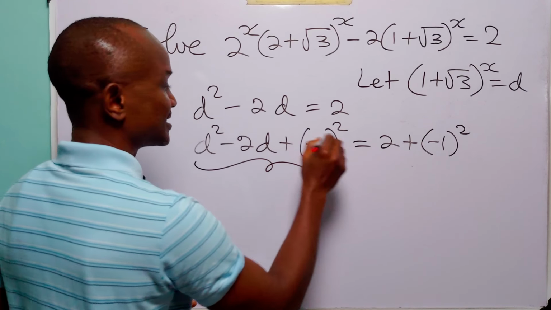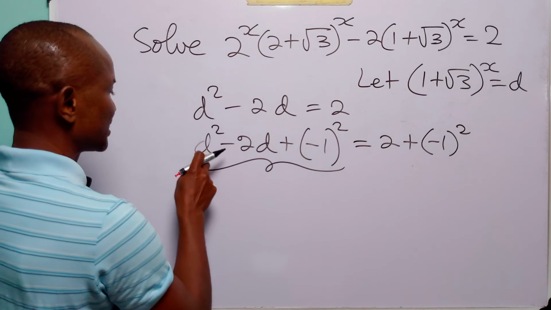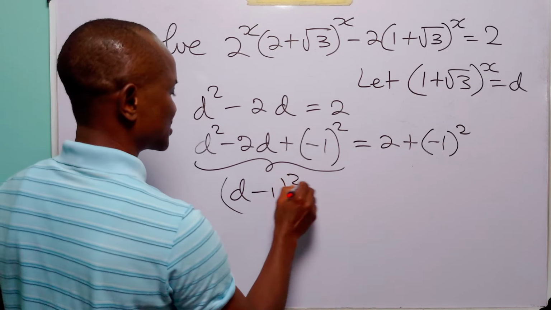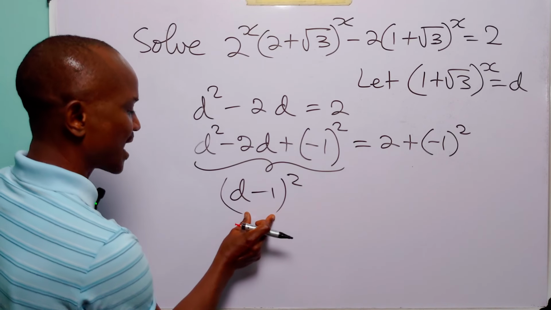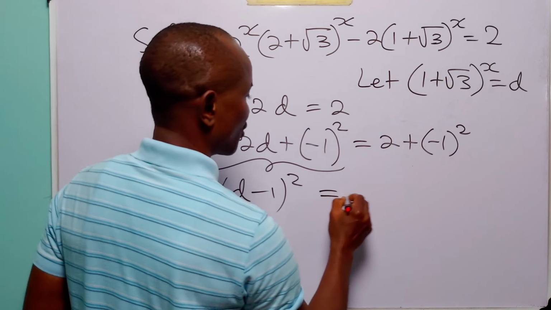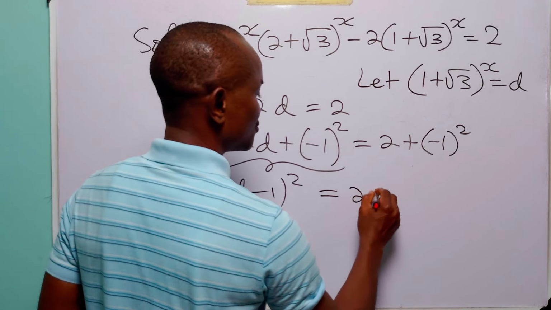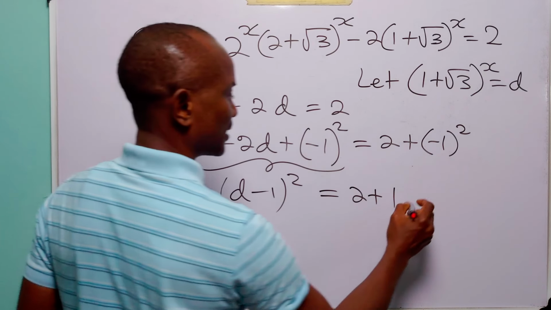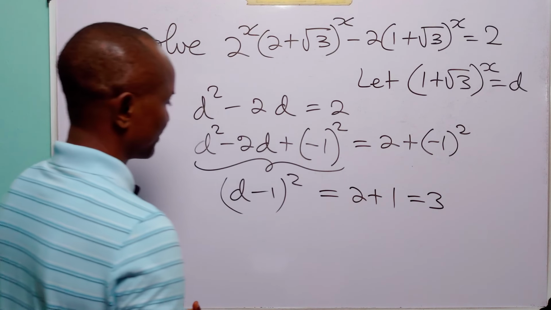Now, of course, you know that this is a perfect square. So we take d and we take 1 minus 1 and we square. You know that if we expand this bracket, this is exactly what we're going to get. And on the right-hand side, we have 2 plus 1, because of course, -1 squared is equal to 1, and this is equal to 3.